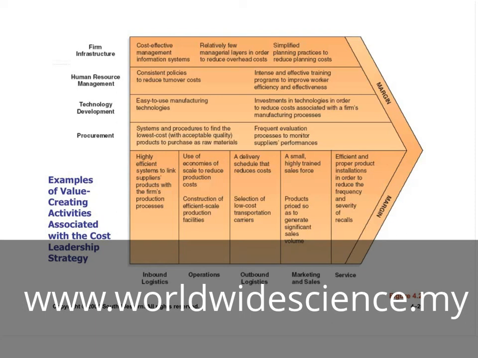Okay, so we talked about technology development. Now we talk about procurement. Procurement is a system of procedures to find the lowest cost with acceptable quality price to purchase raw materials, for which you will have to have frequent evaluation processes to monitor suppliers' performance.